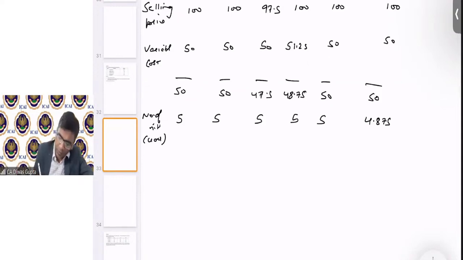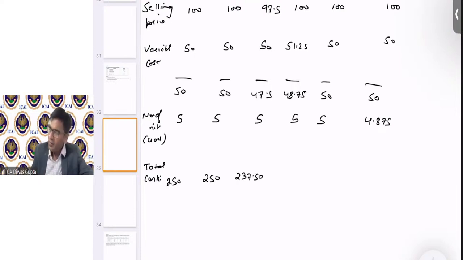Number of units come, then total contribution becomes 250, 250, then 47.5 into 5, which is 237.5. Then 48.75 into 5, which is 243.75.